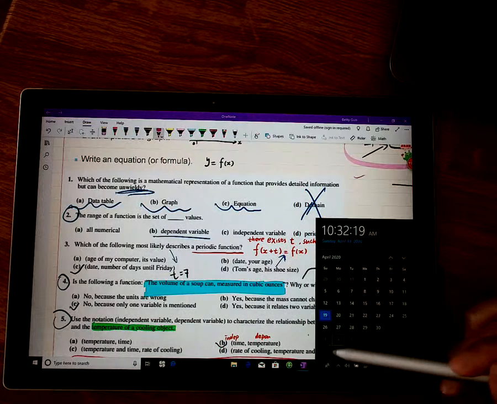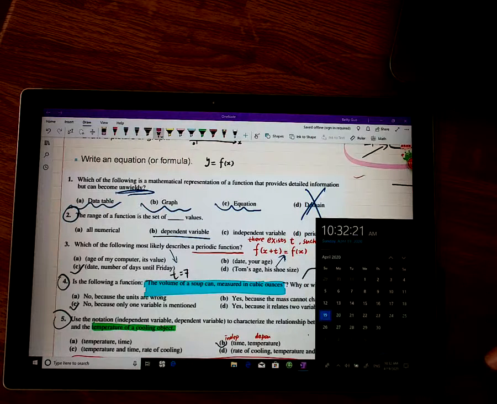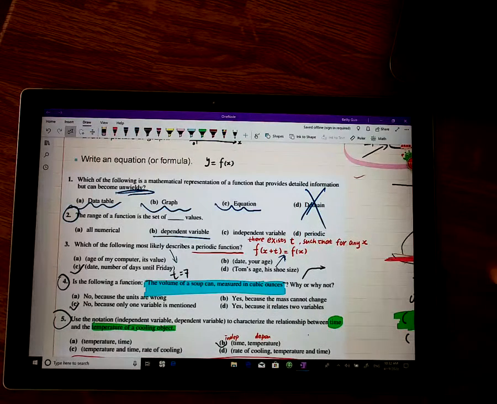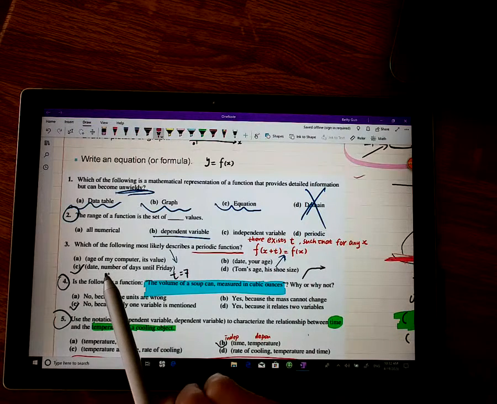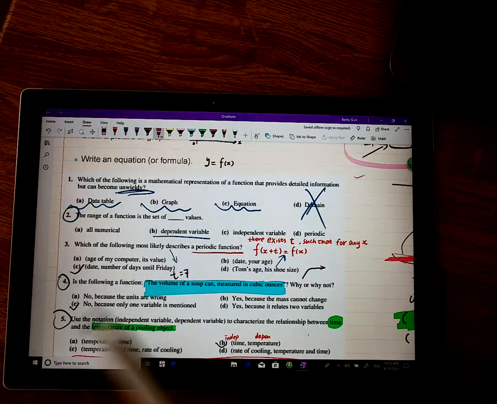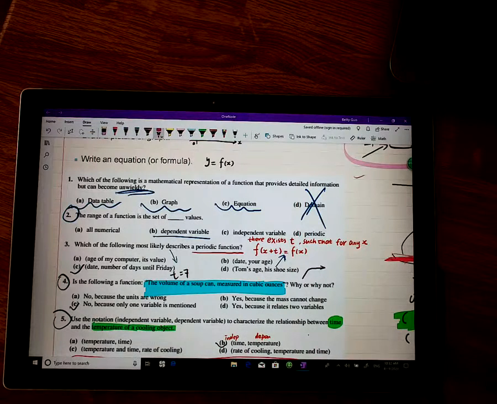Do you see the cycle? Do you see the period? The period is 7, of course. So we have 7 days in a week. That is a periodic function. It goes back to the original point and goes up again. Is that understandable? Does that make any sense?